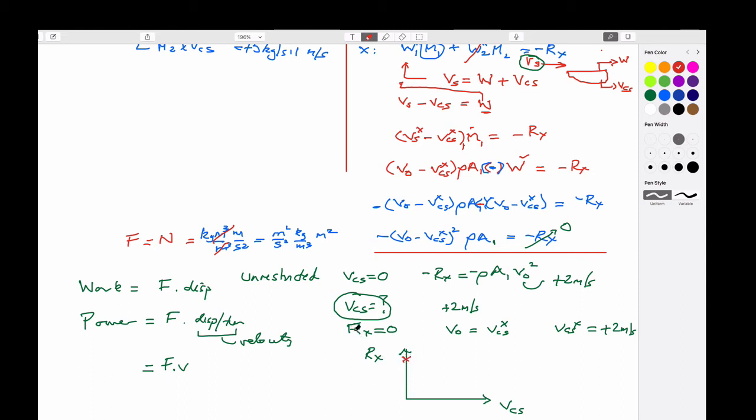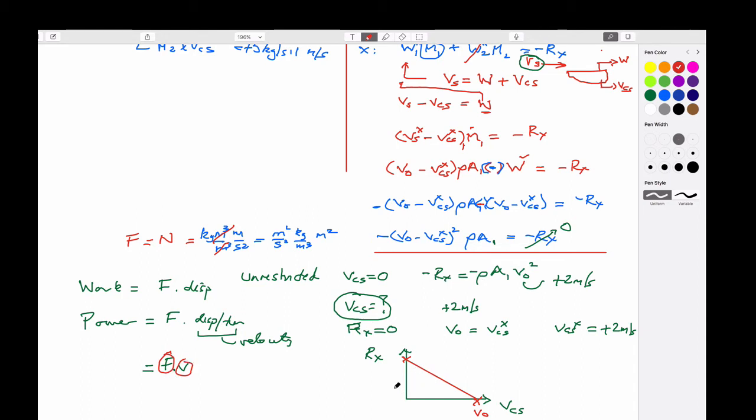When the magnitude of the force is equal to 0, the control surface is going at the same fluid velocity, V0. And you could imagine there's some relationship between them. It's not a straight line. You could actually work out what that relation is just by substituting for the force, Rx, and the V, both of which you have down here.